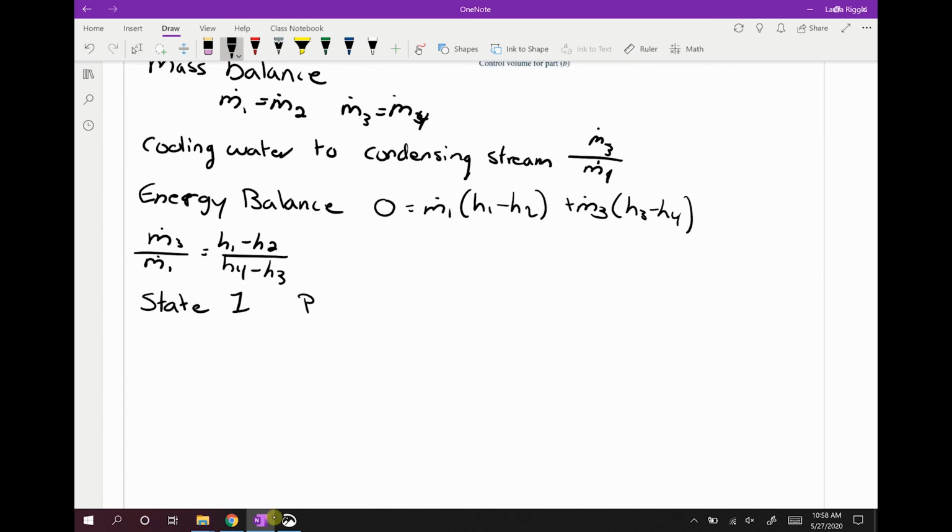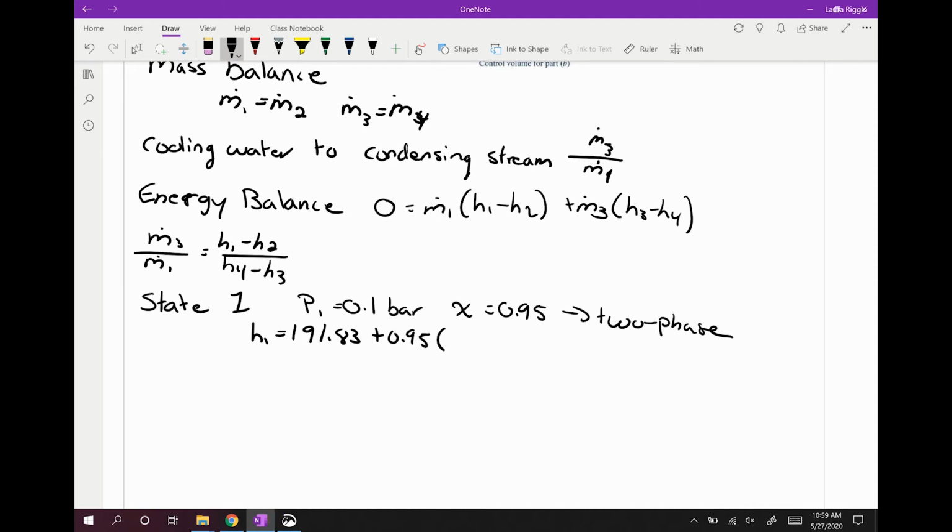So state 1, P is equal to 0.1 bar, and our quality is equal to 0.95. So we have a 2-phase. We get H1 is equal to 191.83 plus 0.95 times 2584.7 minus 191.83 equals 2465.1.